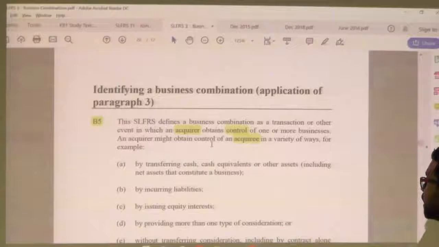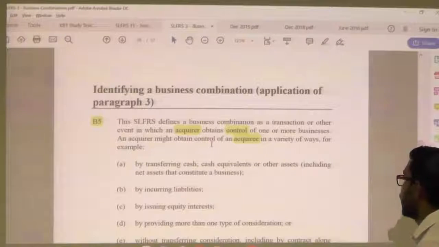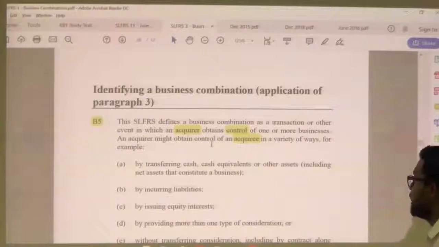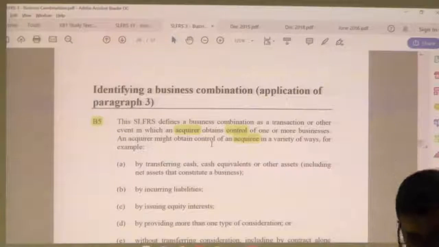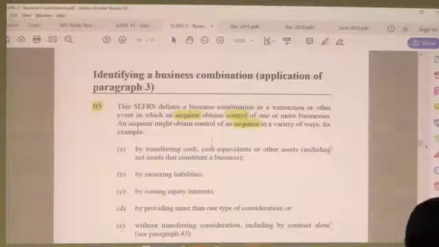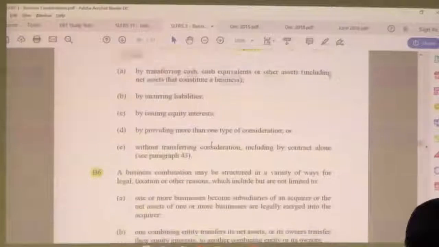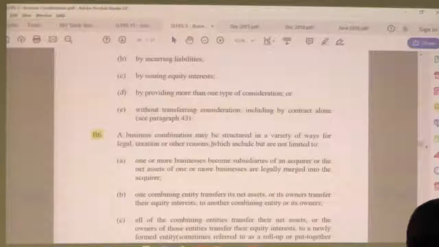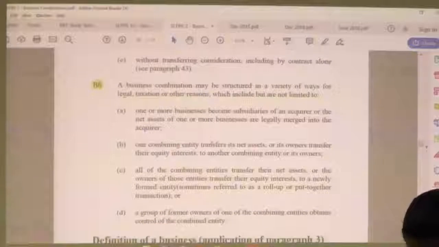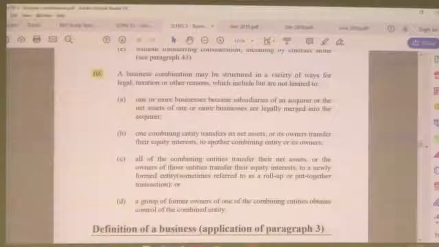So these are the examples. By transferring cash and cash equivalents or other assets, by incurring liabilities, by issuing equity interest, by providing more than one type of consideration, without transferring consideration including by contract alone, right? Fine. B6, a business combination. We are trying to define a business.